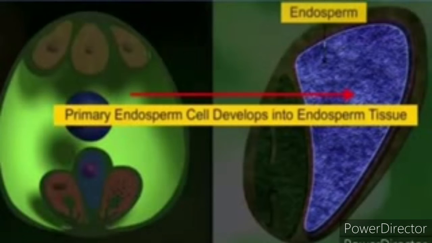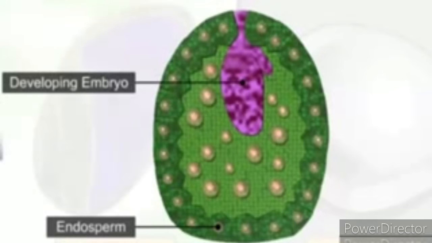The cells of this tissue are filled with reserve food materials, which are used for the nutrition of the developing embryo. See, listen, the endosperm tissue contains the reserve food materials that are used for the nutrition of the developing embryo.